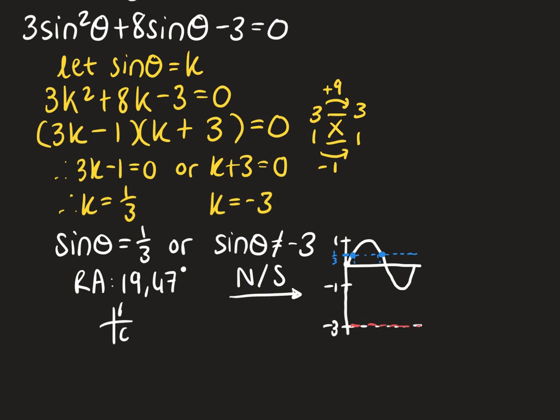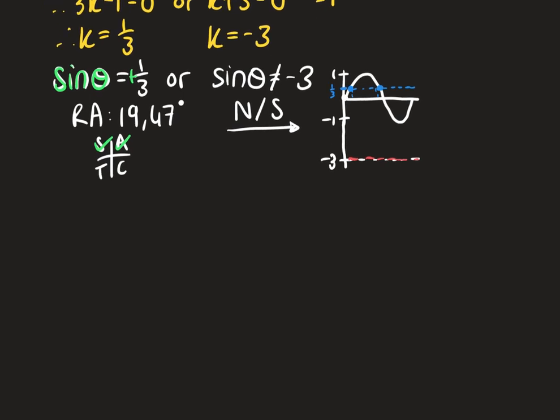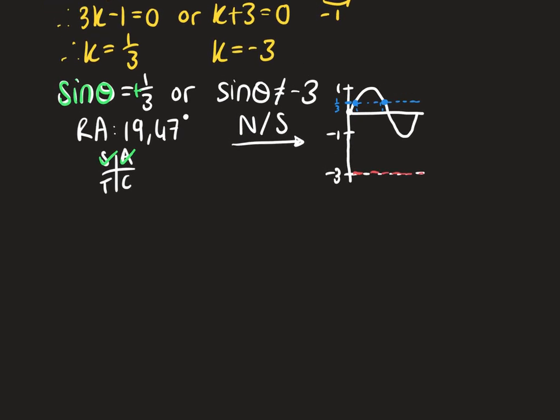And then we draw our mini CAST diagram because we're looking where sine of theta is positive a third. Where's sine positive? First and second quadrant. Fantastic. So we're going to be doing our general solutions in the first and second quadrant for this question.